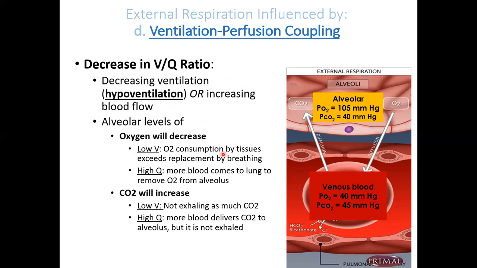So if we are not, for example, breathing as much as we need to in this particular scenario, not only are we not taking in as much oxygen as we need, there's also not as much of an opportunity for carbon dioxide to leave the blood, enter the air, and be exhaled. Okay, so a decrease in VQ ratio results in less oxygen and more carbon dioxide.